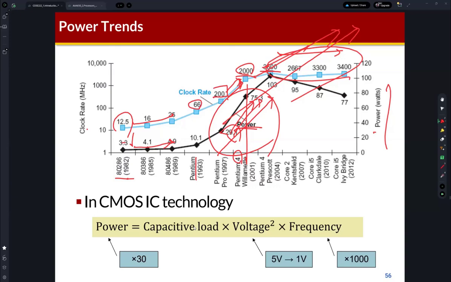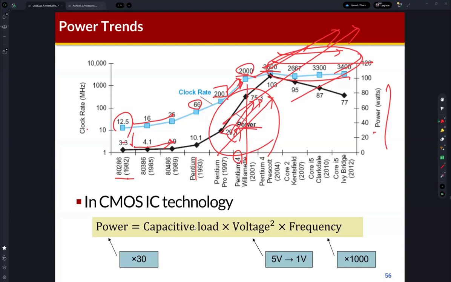That is because Intel did not want to increase the power consumption of their CPUs. That's why Intel just used similar clock frequencies.